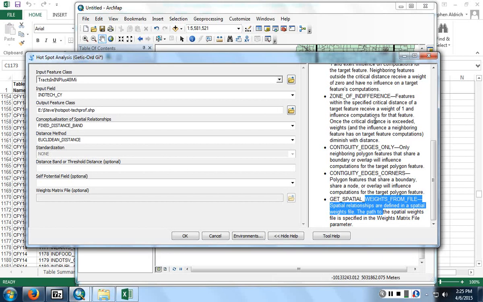Are there clusters of tech jobs in Indiana and its surrounding counties? Okay, so maybe we would choose something like zone of indifference, right? Remember, zone of indifference would be like immediate neighbors have a very high likelihood, and then it drops off after there.